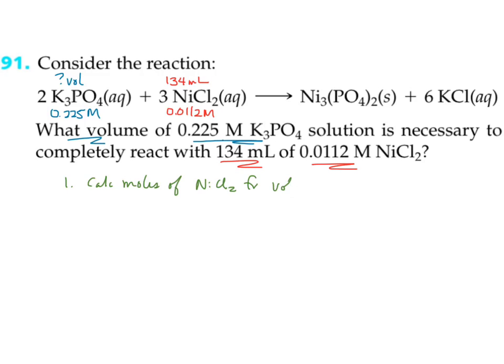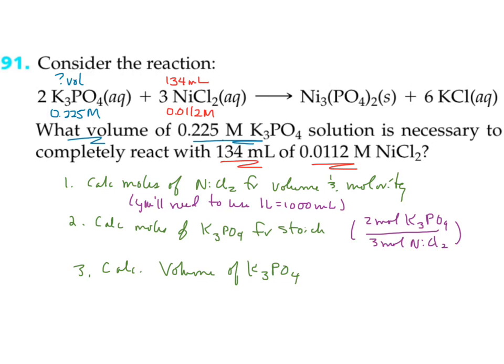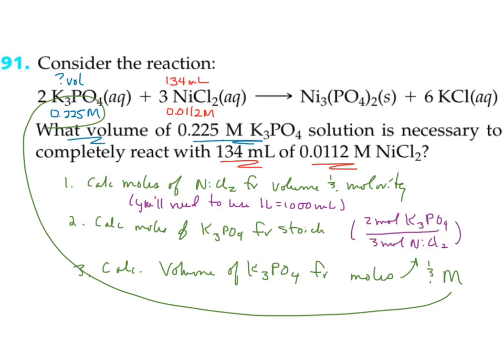So you calculate the moles of nickel 2 chloride from volume and molarity. And you will need to convert from milliliters to liters. Then calculate the moles of K3PO4. In fact, I even put you the stoichiometric ratio you'll be using. And then you'll calculate the volume, which is what you're after. Now you have the moles and molarity.